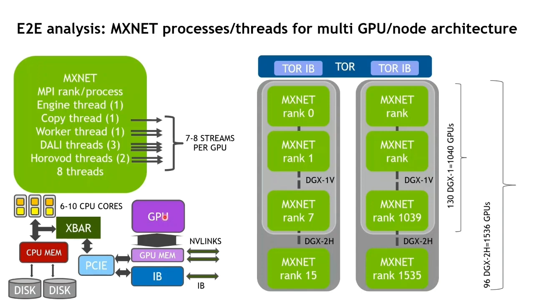Horovod instructs from the cores to the GPUs what gradients are ready to be reduced across the GPUs in the cluster, where the communication happens both via NVLink and via InfiniBand. On the right side, we show a representation of both a DGX1 and a DGX2 cluster, with a top-of-the-rack InfiniBand switch with more than 1000 Volta GPUs.